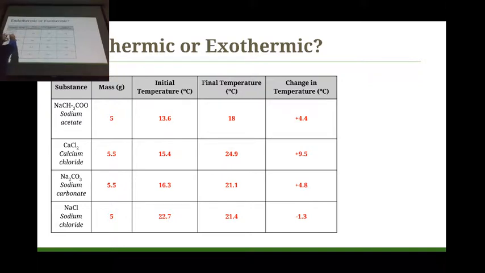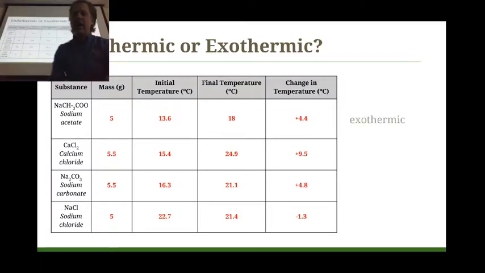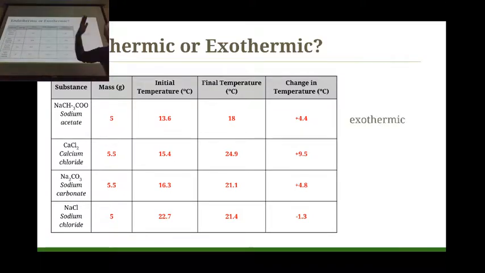So if I started with something called sodium acetate, mass of 5 grams, the initial temperature of the sodium acetate was 13.6. Its final temperature was 18. So it increased in temperature. So the change in temperature is telling me that this is an exothermic reaction. The system gave off energy, exothermic reaction.